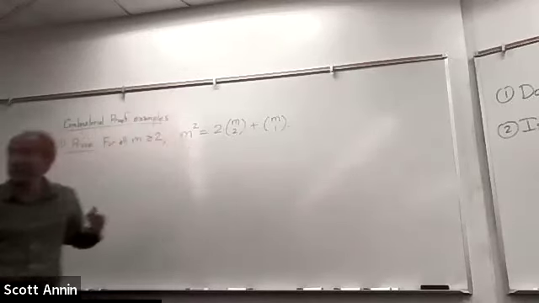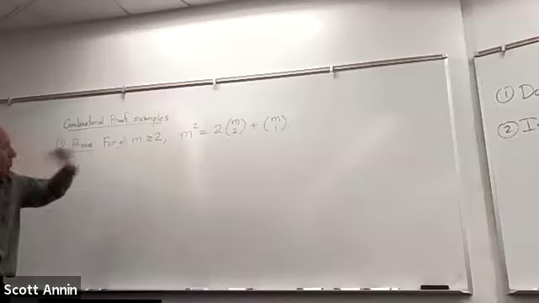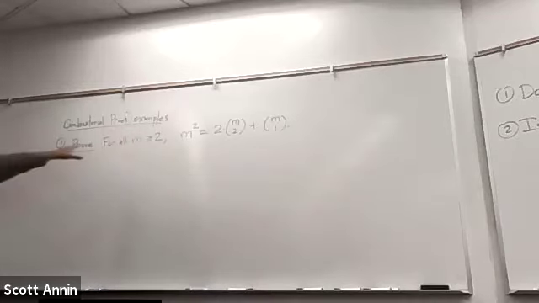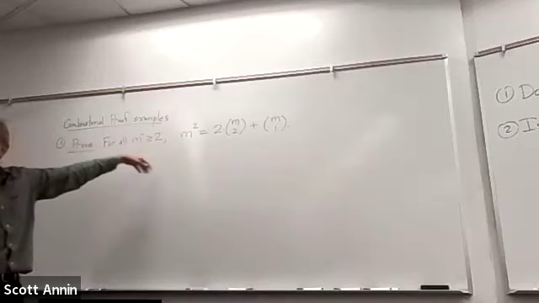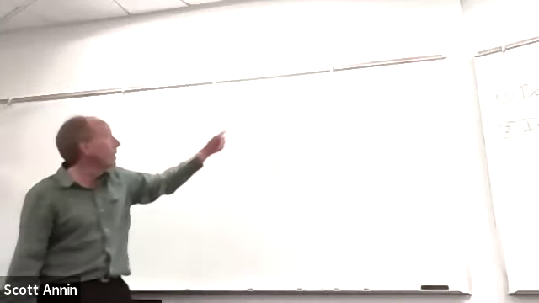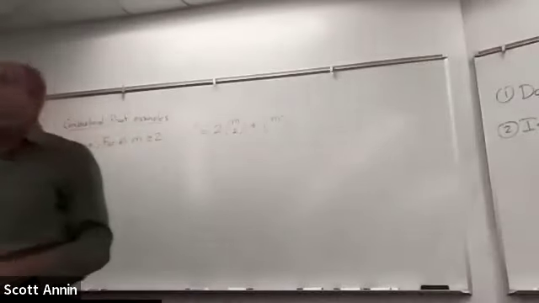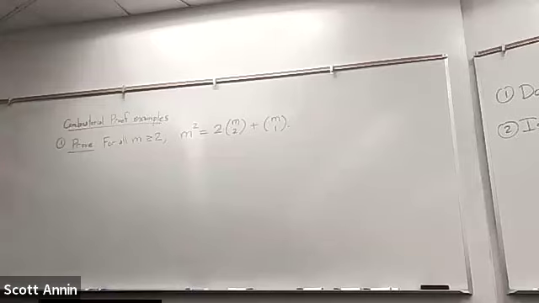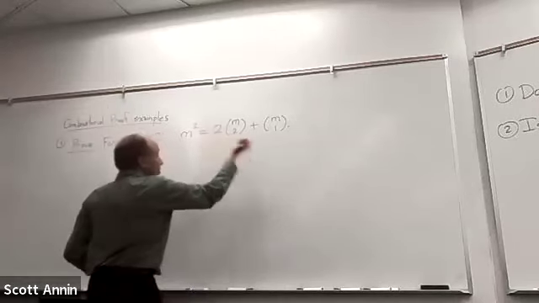Something like this maybe we'll start with as a warm-up today. For all m greater than or equal to 2, let's prove that m squared is 2 times m choose 2 plus m choose 1. This could be proven just using the direct formulas for the binomial coefficients.